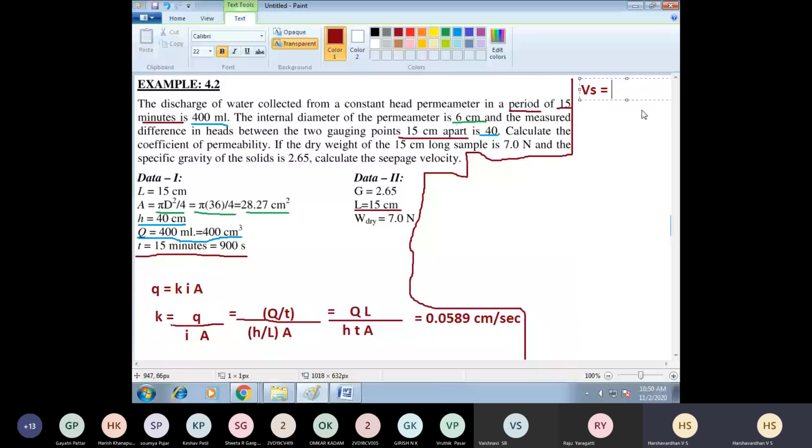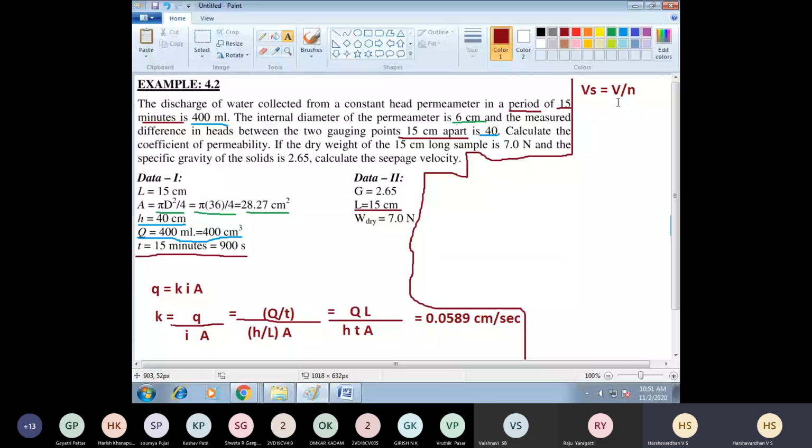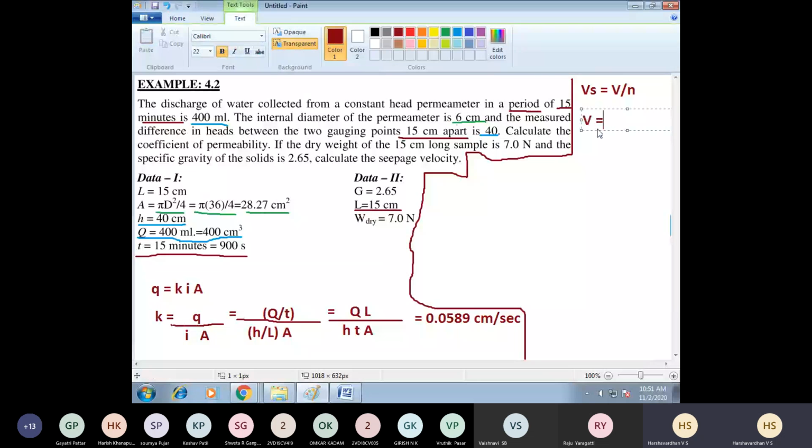But please remember this. Seepage velocity is actual velocity divided by N. N is porosity. The actual velocity is given by, velocity is centimeter per second or meter per second. Here we are dealing with centimeter and second, so centimeter per second.